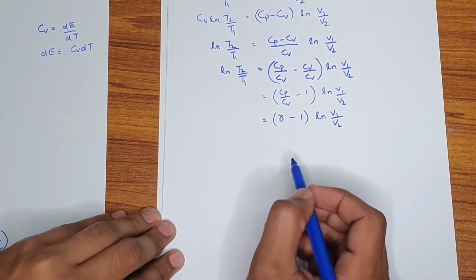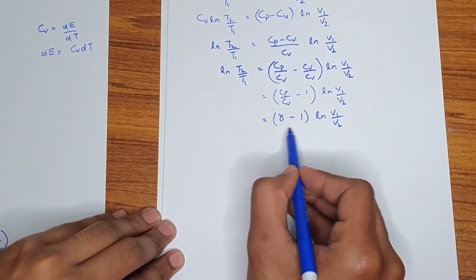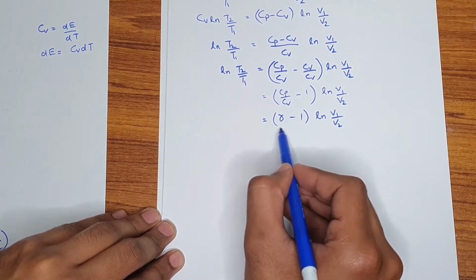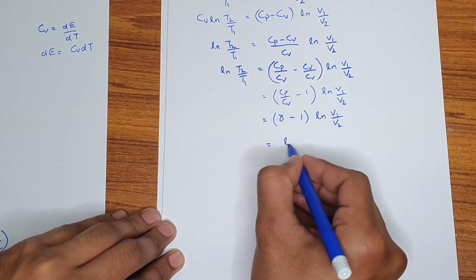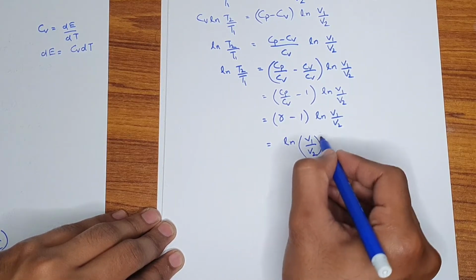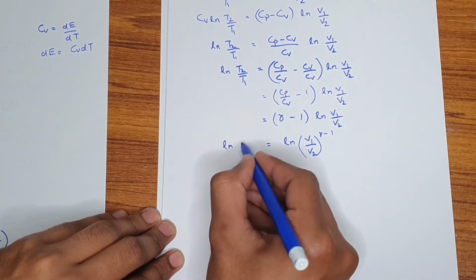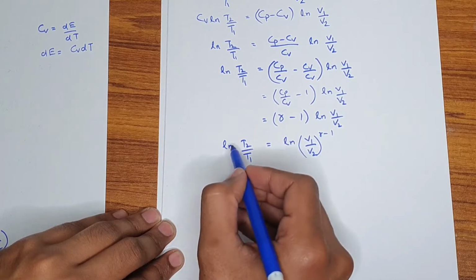Again, this is the rule of the log, that the power is present in front of the log. So when I have to solve it further, I can take this part in the power. That will give me ln of v1 over v2 raised to the power gamma minus 1. On the left side I have ln t2 over t1, and this natural log will cancel with this natural log.